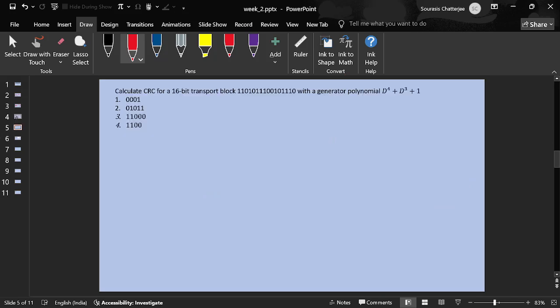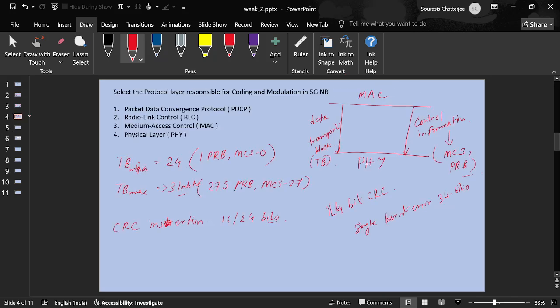Are you sure? Because it's a 24-bit CRC we have done, and I'm saying there is a single burst error of 34 bits. It cannot do it. So what is the maximum limit up to which it can detect errors? That I'm not sure.